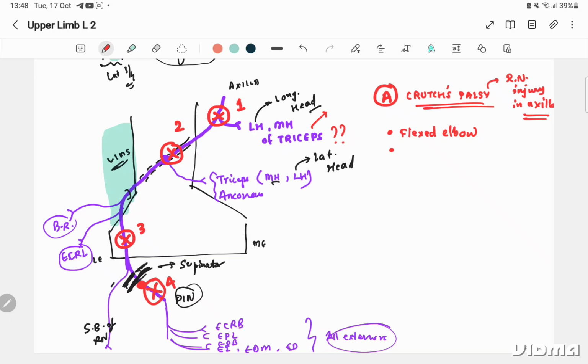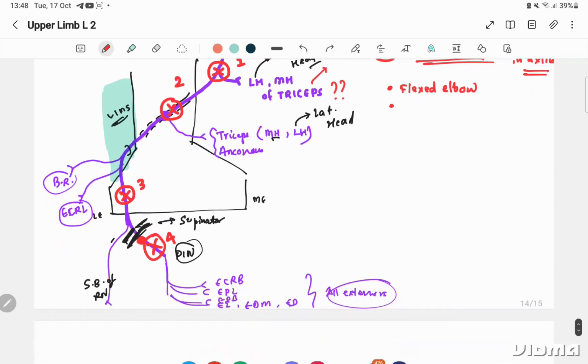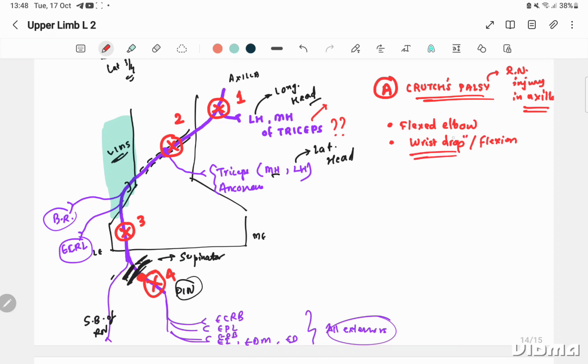Due to paralysis of extensors of wrist, all the extensors of wrist will be paralyzed. You just see that if this is injured, the whole course will be affected. So all the extensors will be paralyzed. So that will be wrist drop, the wrist would droop in flexion.